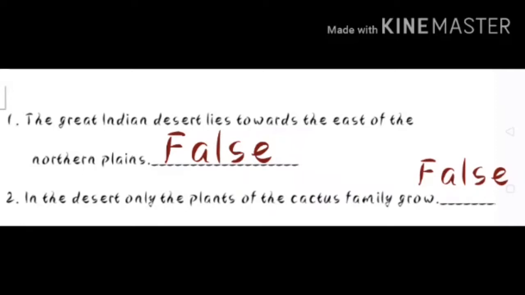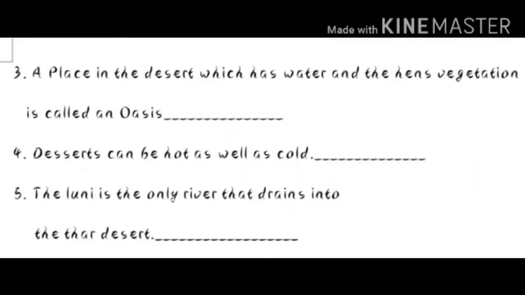False. Third one. A place in the desert which has water and hence vegetation is called an oasis. The answer is true.